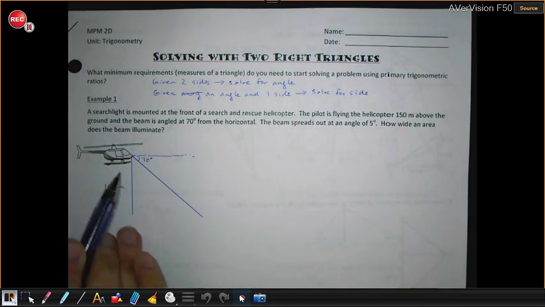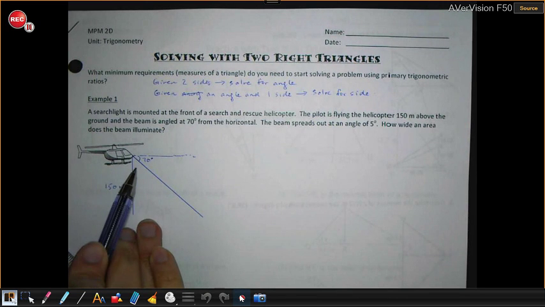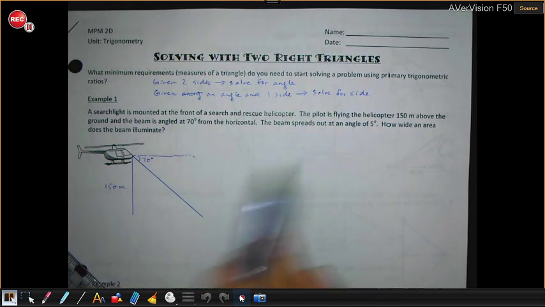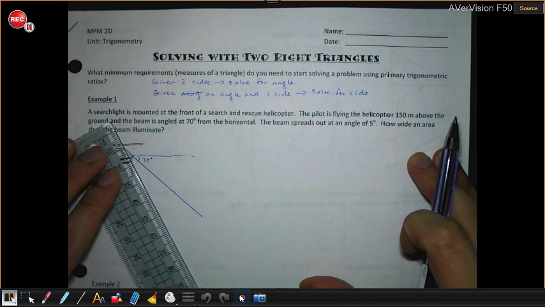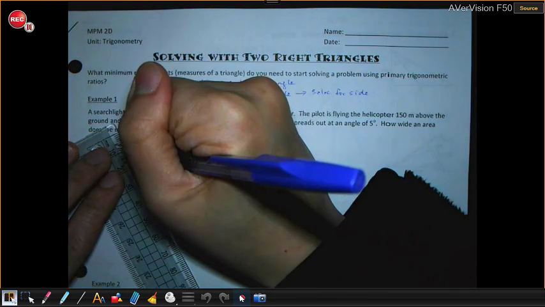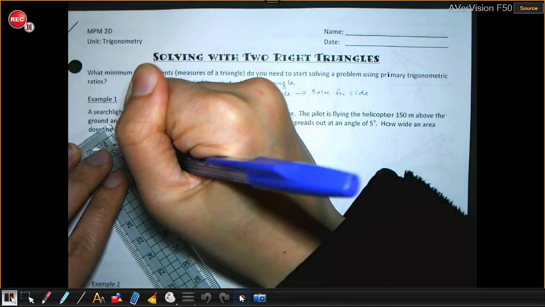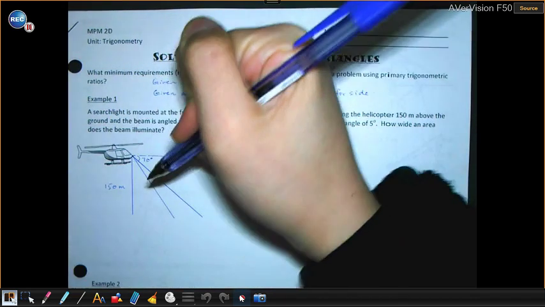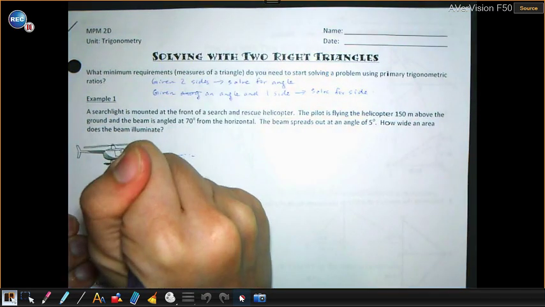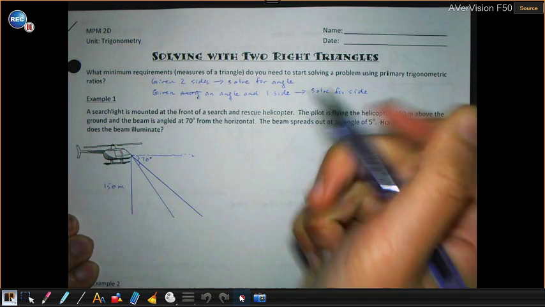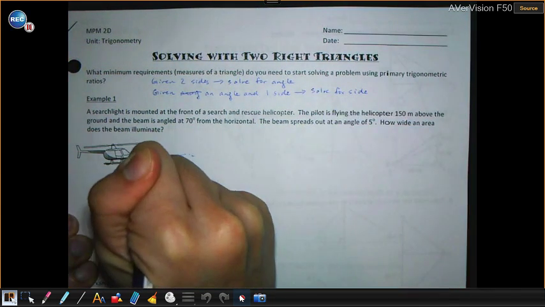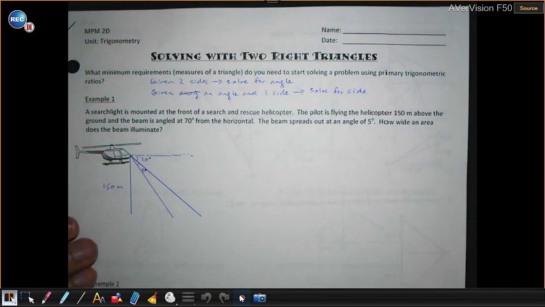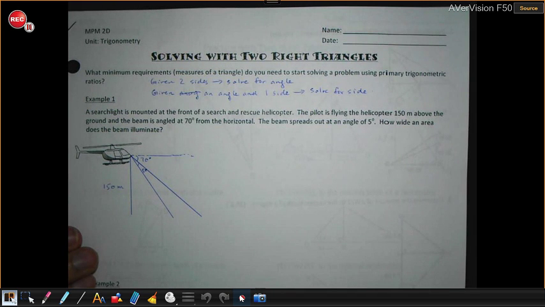Okay, so we have the beam here, which is angled 70 degrees from the horizontal. And this beam is going to spread out at 5 degrees. How wide an area does the beam illuminate?